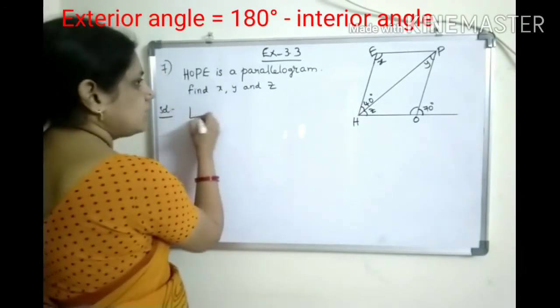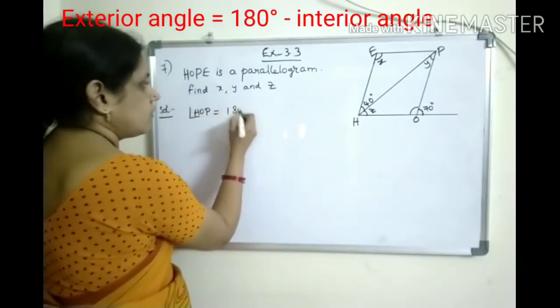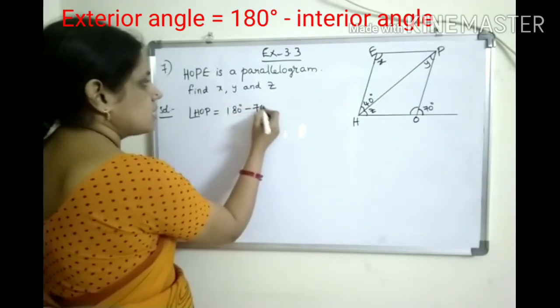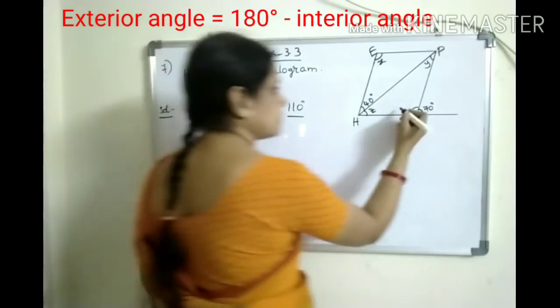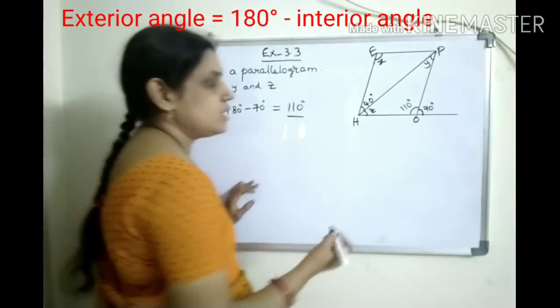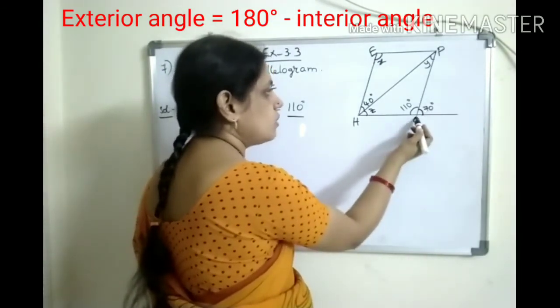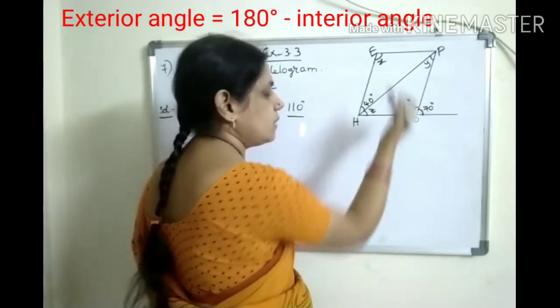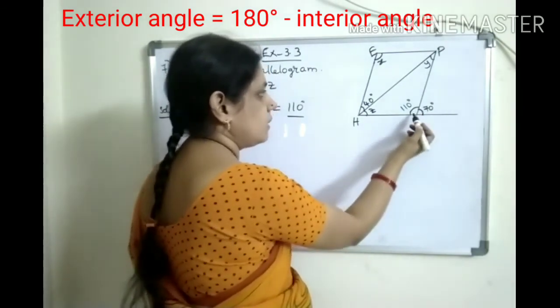So angle HOP equal to 180 degrees minus 70 degrees, that is 110 degrees we got. This is the interior angle, 110 degrees. Now HOPE is a parallelogram, so opposite angles are equal.